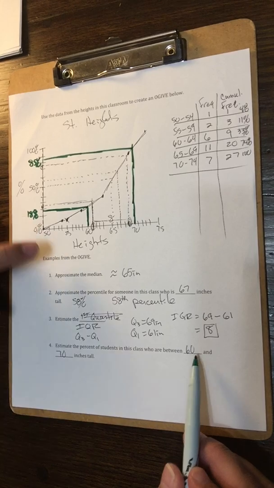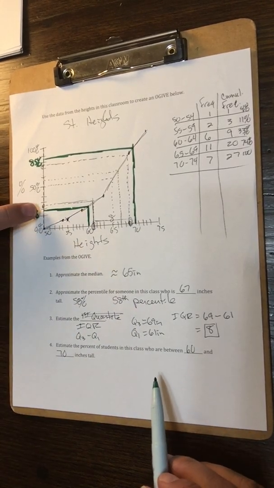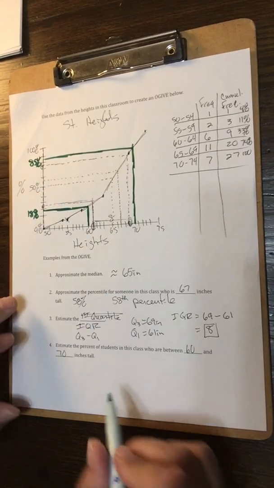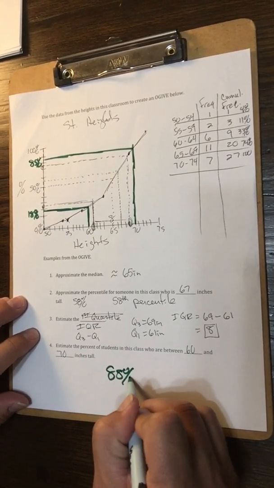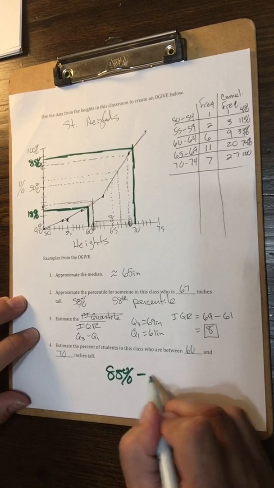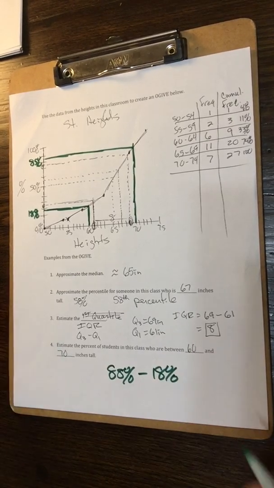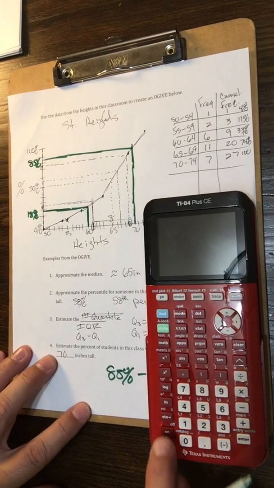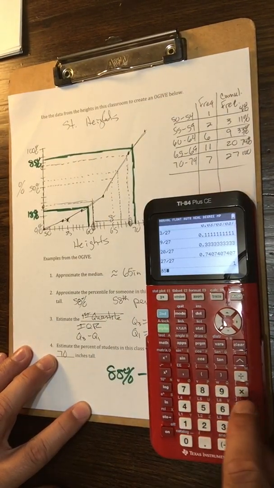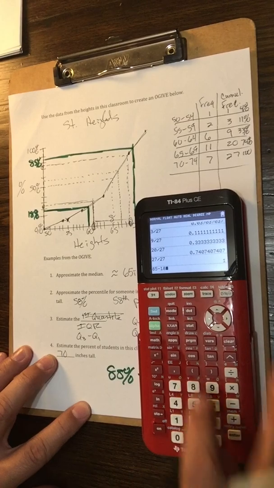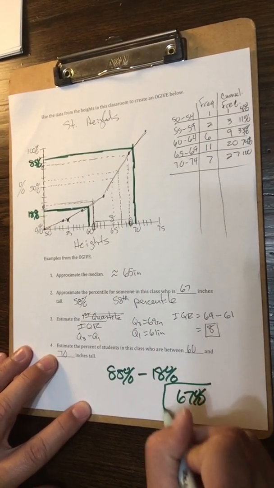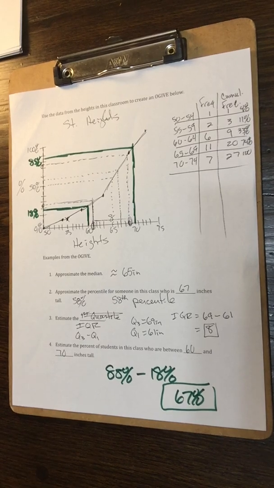I want between 60 and 70. So since 18% are less than 60, here's my people right here. So I go 85% minus 18%. That's way too much math for me to do in my head, so I'll go 85 and subtract 18. And 85 minus 18 is 67% of the students are in between 60 and 70 inches tall.